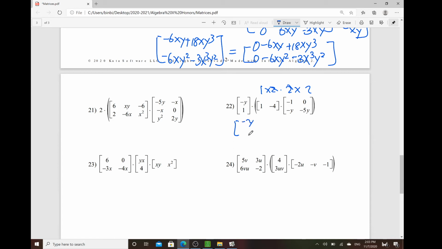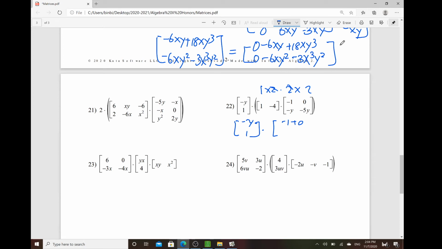Okay, so negative y, 1, just rewrite it, bring it down. So row times column, so 1 times negative 1, negative 1, negative 4 times 0, that's nothing. Okay, so again, 1 by 2. And then the second column here, again, row times column.